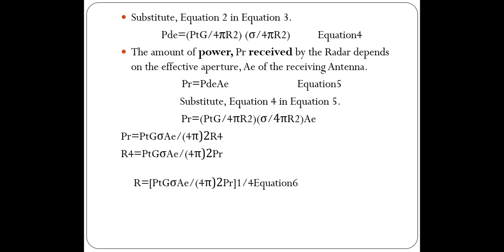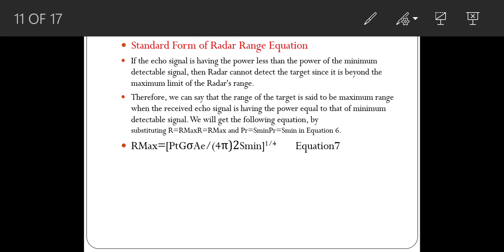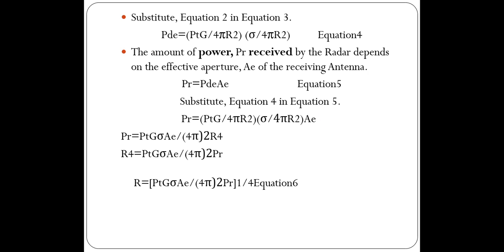The amount of power PR received by the radar depends on the effective aperture AE of the receiving antenna. So PR is equal to PDE into AE. It will be equation number 5. So put equation number 4, this PDE equation, in equation number 5.